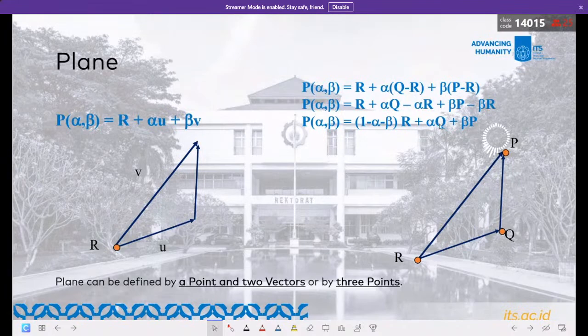Then we got R. We have 3 R in here, right? And we can put this 1 minus alpha minus beta into this parenthesis to be the scalar for R. And then we have alpha Q and beta P. So this is the equation for a plane.